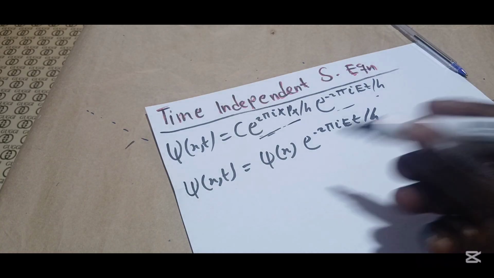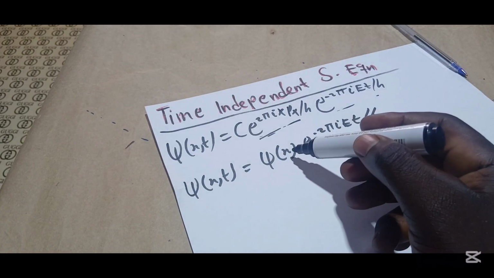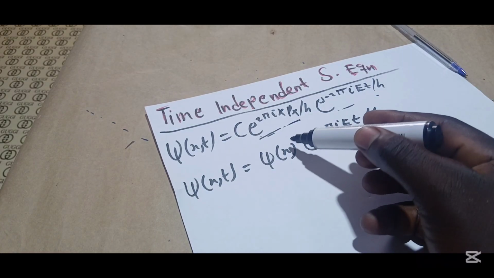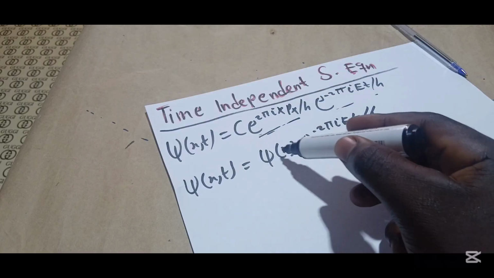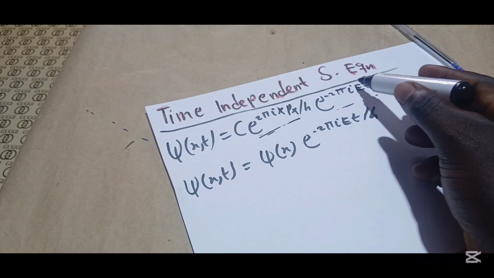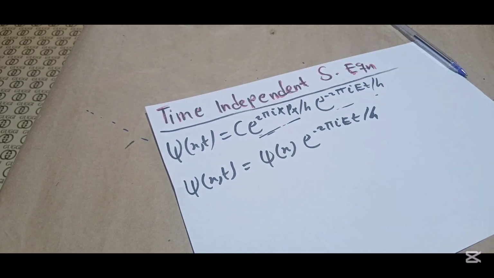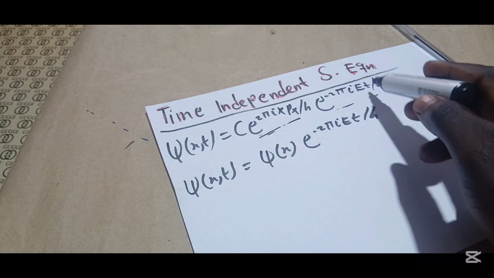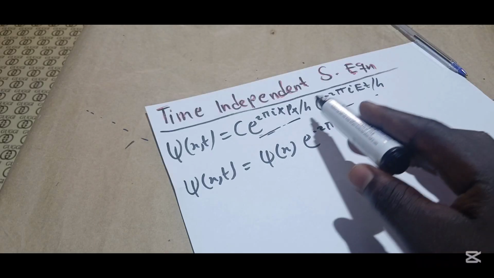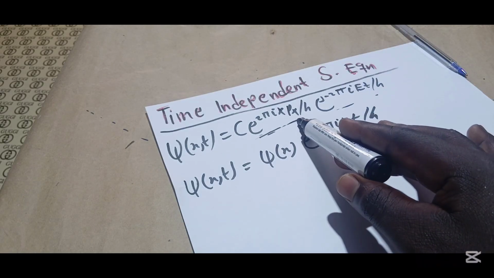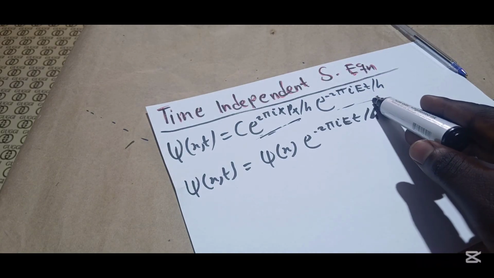So it means that we are not bringing t here because this whole term is for psi of x, and adding this to it becomes psi of x and t, right? Yes, so this whole term here is psi of x and t, and this is the psi x part, and this is the psi t part.